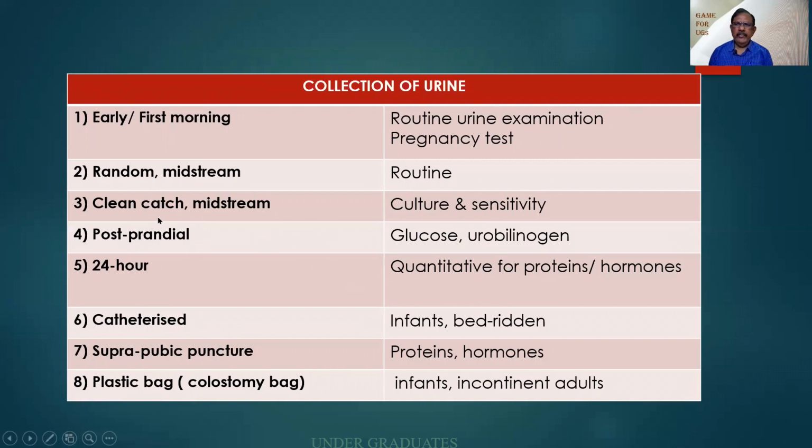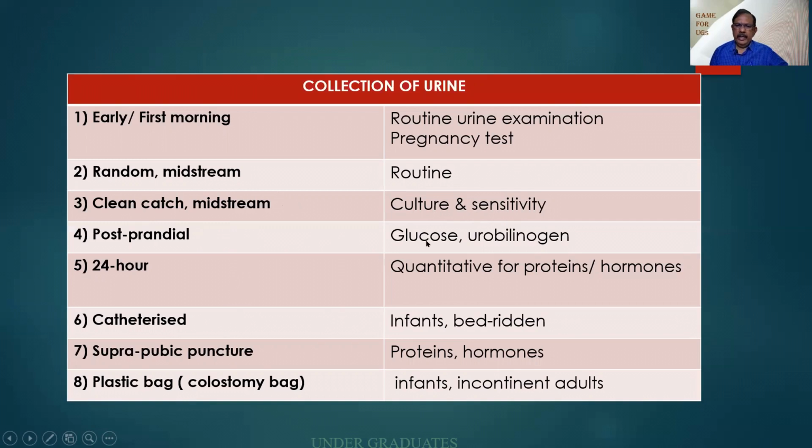Clean catch: the genitalia are supposed to be cleaned and then the labia separated. Finally, a midstream urine is collected. The first part of it is not collected and the midstream alone is conducted into the containers. This is mainly for culture and sensitivity.